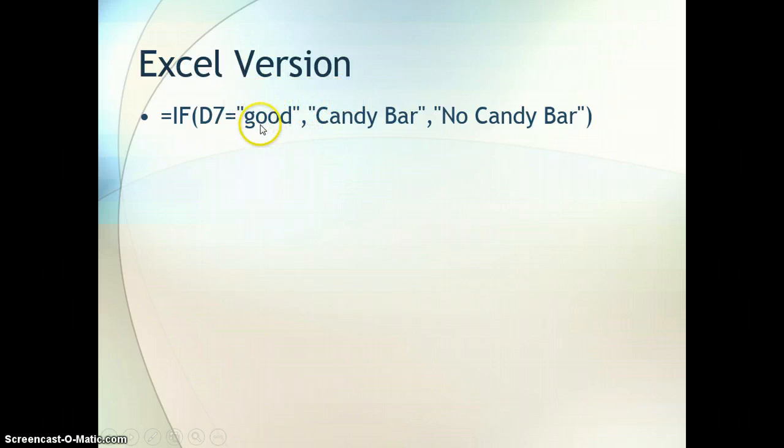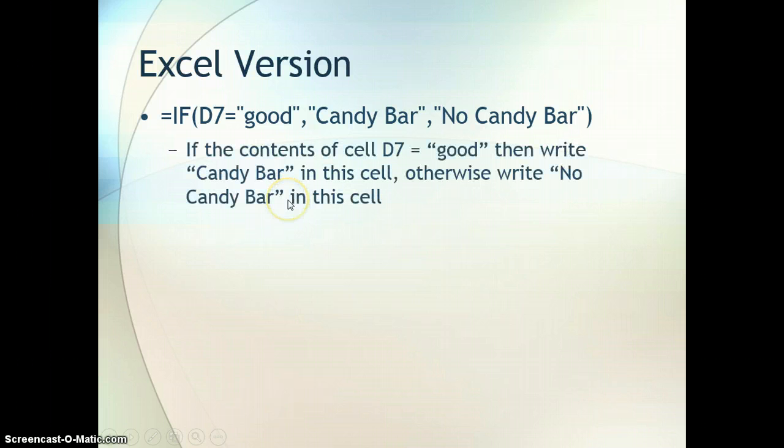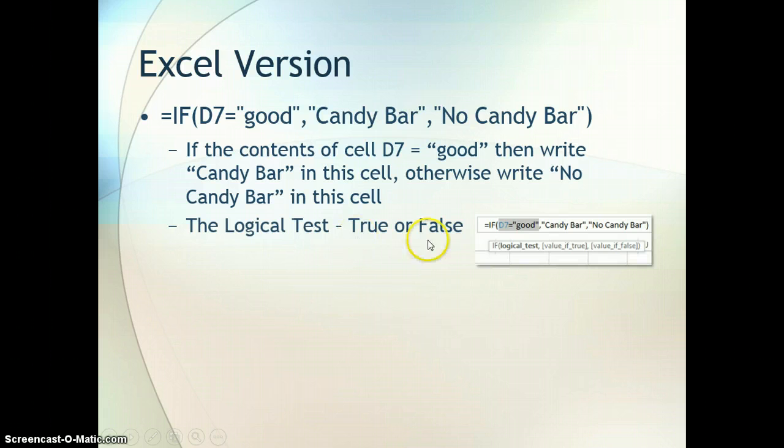If the word good isn't displayed in D7, then write no candy bar because the person hasn't been good. Now, that's what it says here, see? It says the contents of D7 is good, then write candy bar. Otherwise, write no. Okay? And this is what it looks like in Excel, and we'll look at it shortly.